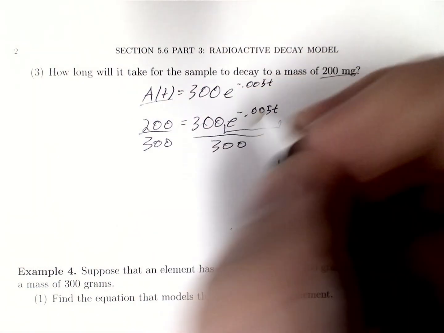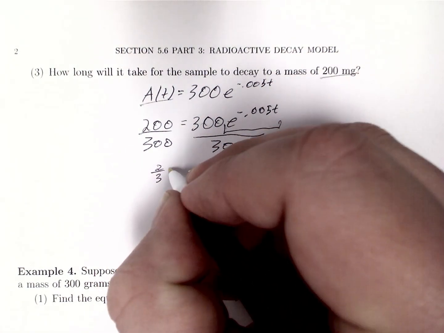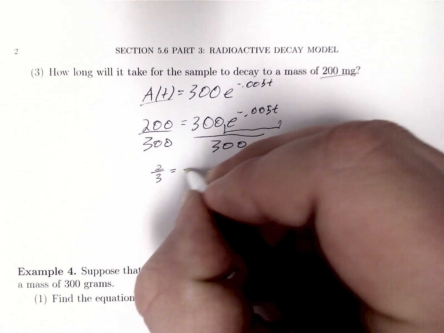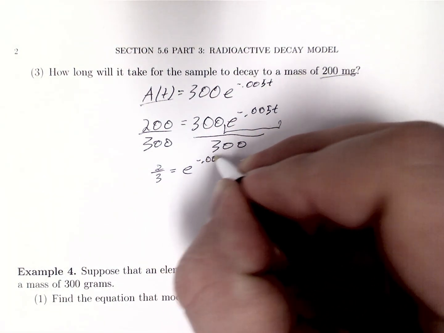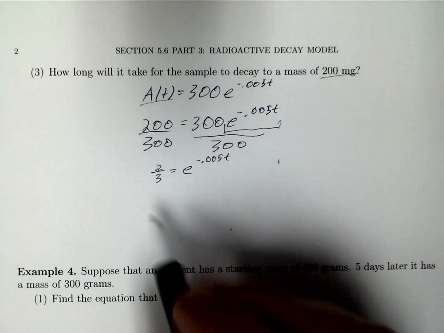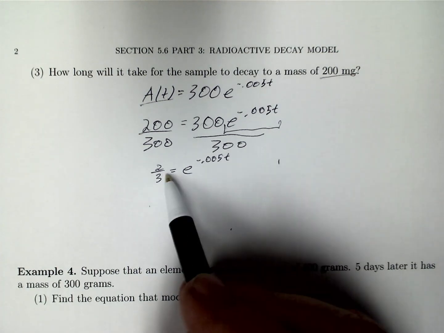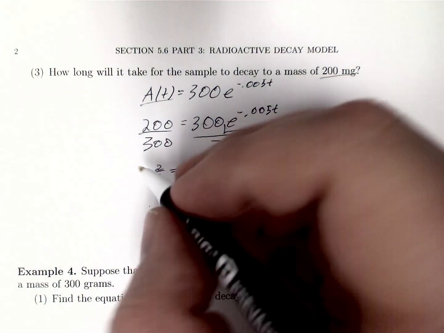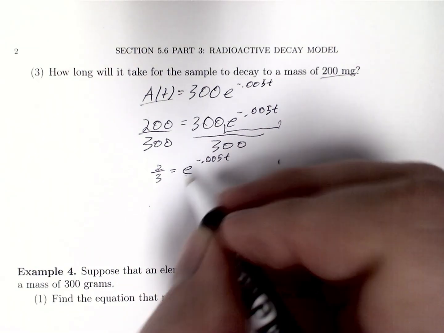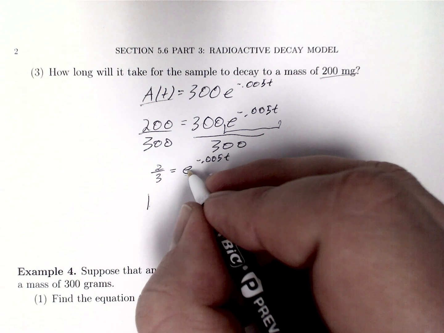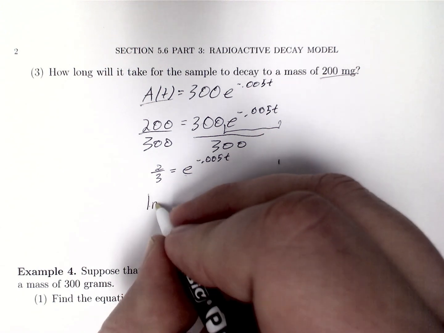That means we need to get rid of what's in front, so it means we need to divide. So when we do this, we're left with 2/3. No need to put that into a decimal yet. e to the negative 0.005 t. We need to solve for t, so we need to get it out of the exponential. That means we need to find an equivalent equation. So the equivalent equation for an exponential will be a logarithm with the same base, so base of e, which means ln.